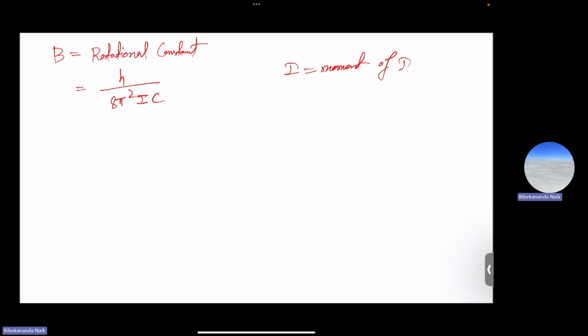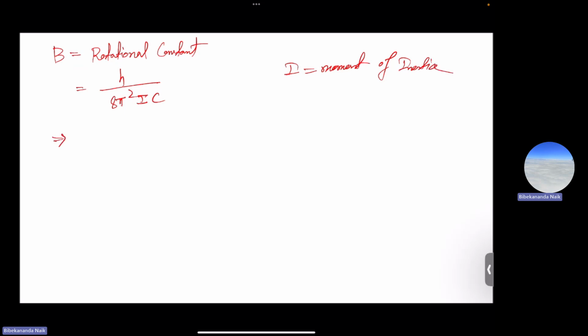And we know b is the rotational constant, and the expression for b is h divided by 8 pi square I into c, where I is the moment of inertia.